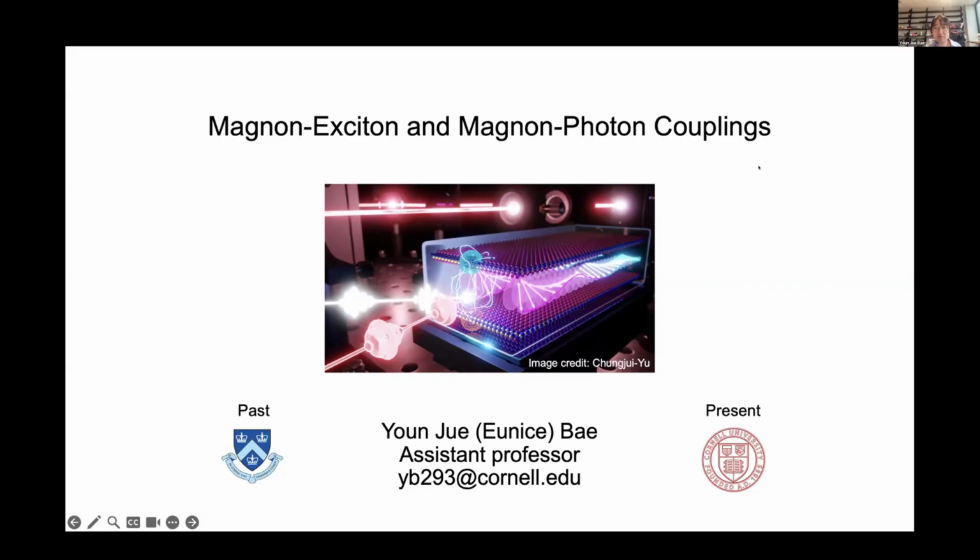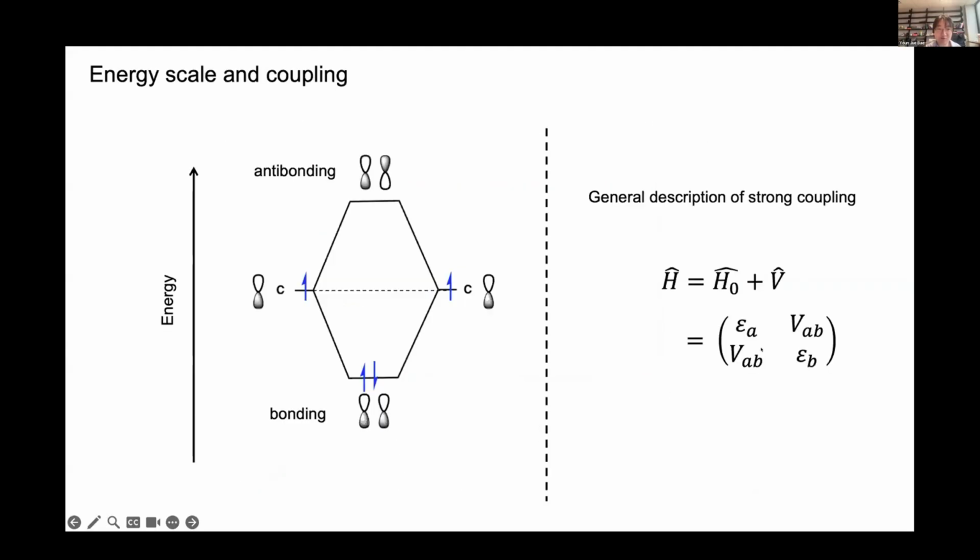All right, so as Galen mentioned, most of my background is in chemistry, but starting my postdoc, somehow I got into condensed matter physics, and nowadays I think I'm half and half. To demonstrate that, I want to start with this half and half picture.